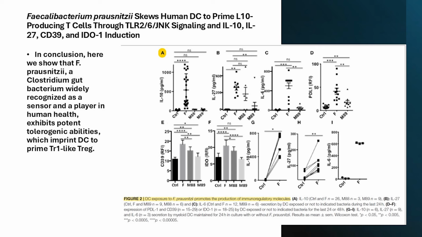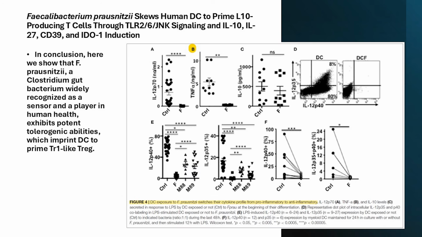F. prausnitzii, TNF-alpha, and interleukin-10. Here in figure 2, I've highlighted their text, which talks about how DC, that's dendritic cell, another immune system component, when exposed to F. prausnitzii, produces immunoregulatory molecules. And highlighted in A, we see a huge jump in our anti-inflammatory friend interleukin-10.